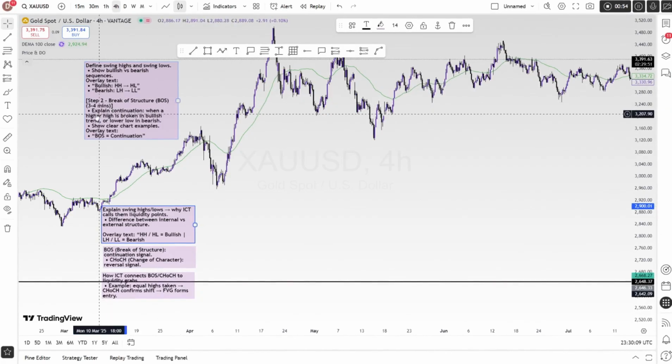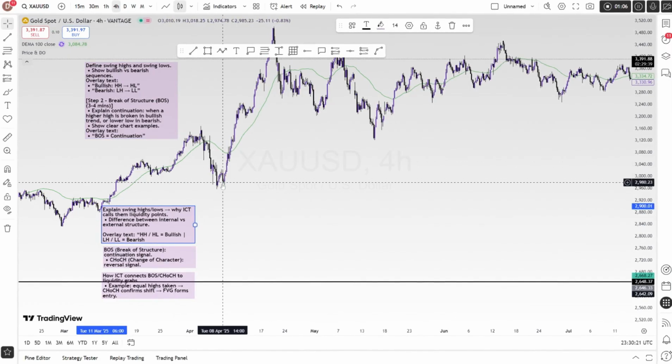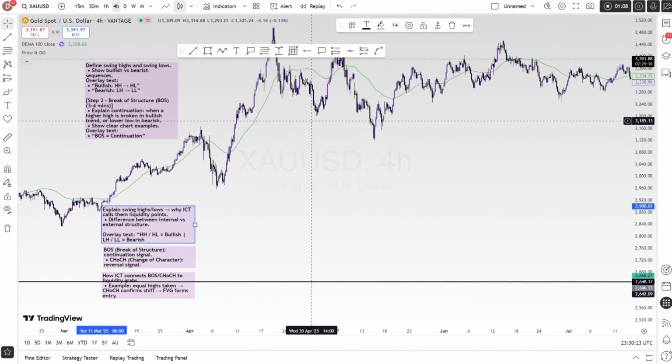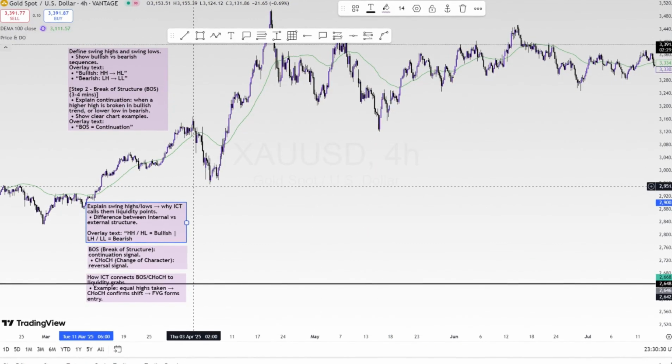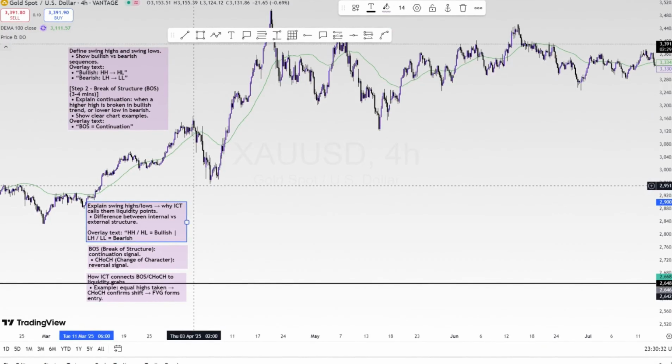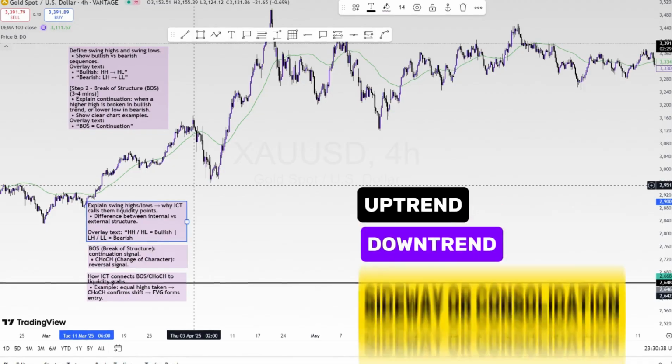Break of structure, right? I am going to explain why ICT calls all the swing highs and swing lows liquidity points. So as time goes on, you will understand what market structure is, because market structure is one of the basic stuff you need to understand.